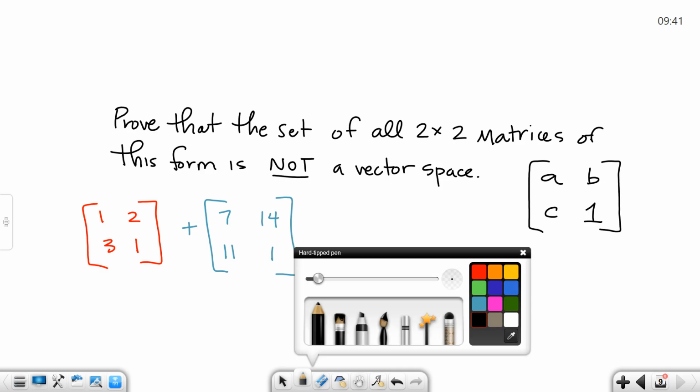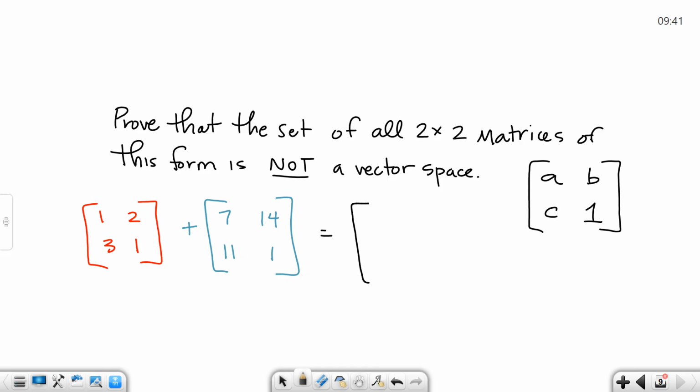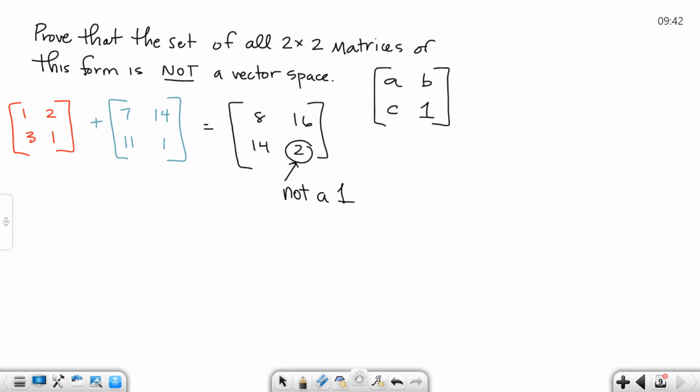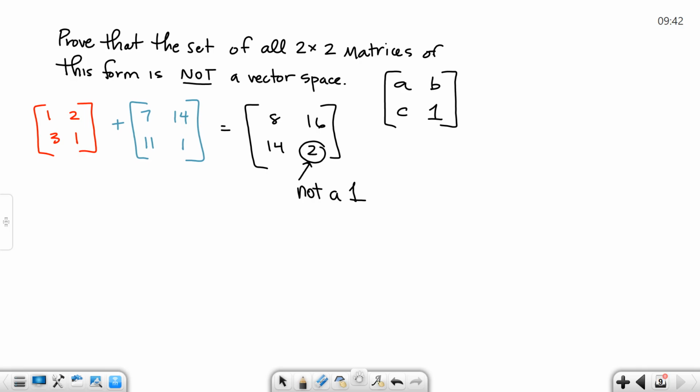So when I add these two matrices up using vector addition, I'm going to get 8, 16, 14, 2. Not a 1. Now, this doesn't answer the question. This doesn't prove it. Even though I know what you mean, you have to do a little bit more work. You have to answer it. Basically, you're also going to have to answer which axiom it fails.